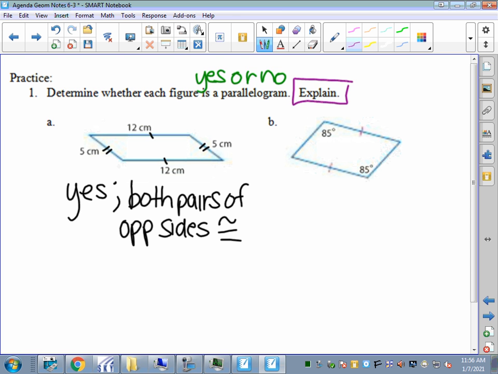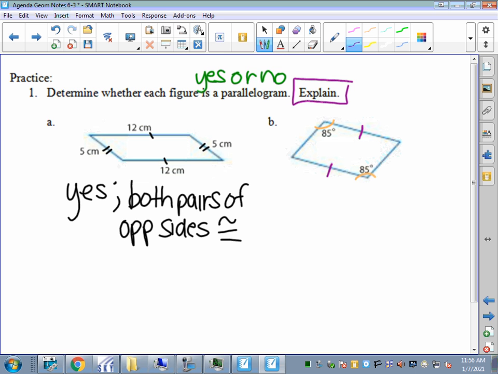Letter B is a trick. Letter B is a mix and match, right? We know that we've got one pair of opposite sides congruent because I've got my congruent marks. I've also got one pair of opposite angles that are congruent. But is there one of those choices on our chart that we just filled out? There's not, right? One pair of opposite sides is parallel and congruent, but that's not the case.